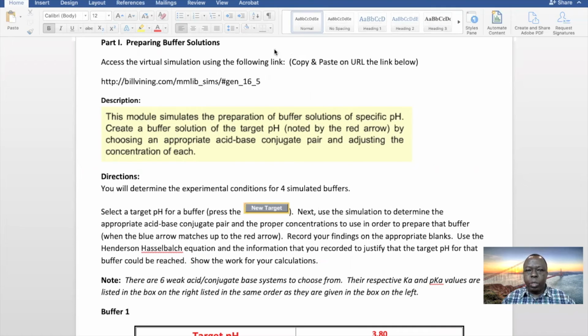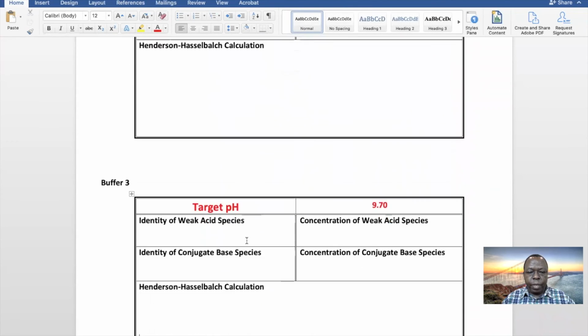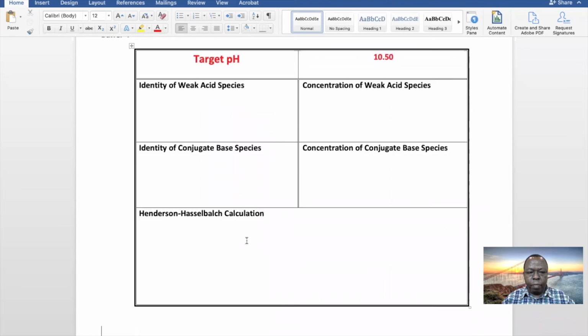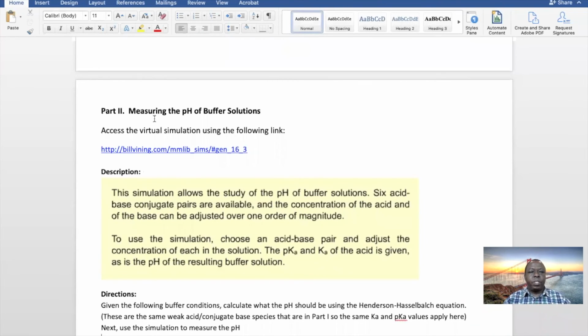And then part 2 is more or less the same. In this case, you'll have to determine the pH. In part 2, you will determine the pH, and it has a different simulation on Canvas, measuring the pH of PAVA solution.